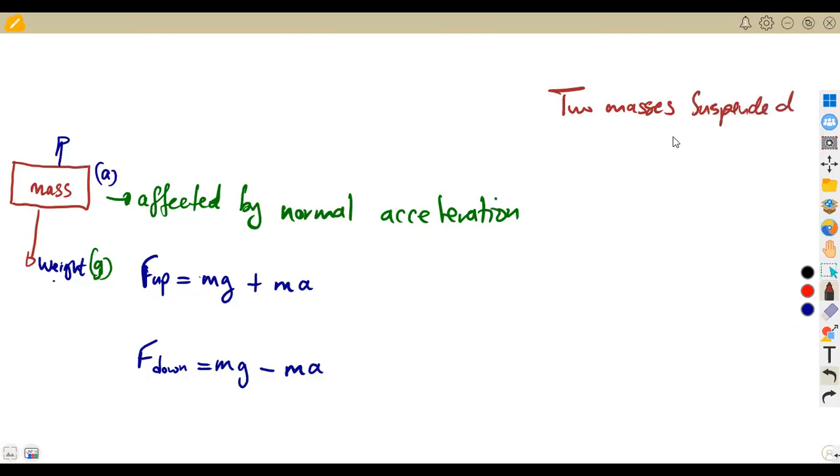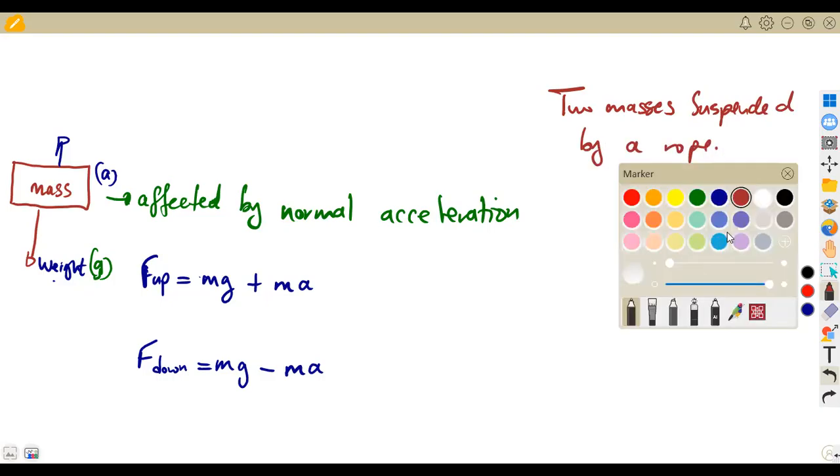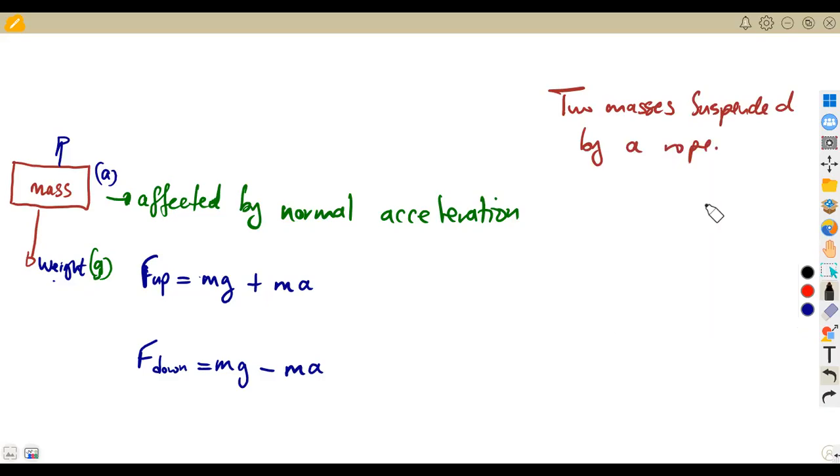Let's say we've got two masses that are being suspended by a rope in this case. Let's say this is where we have our object, and we've got two masses.